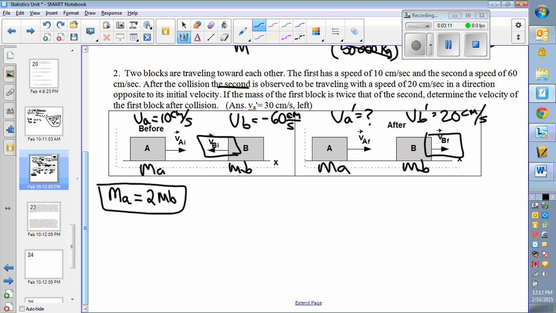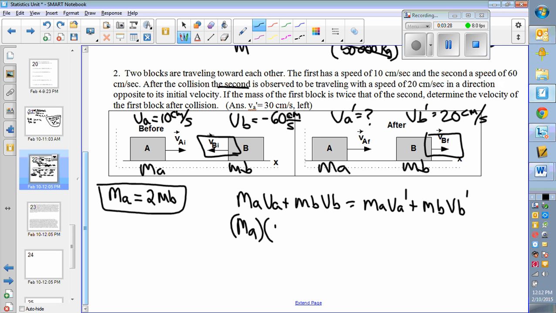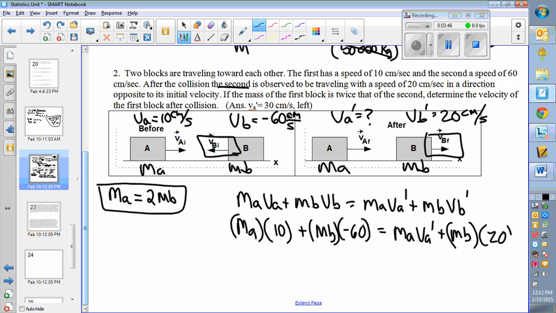So I'm going to write my formula down, that MAVA plus MBVB is MAVA prime plus MBVB prime. I'm going to substitute some numbers in here. So MA times, without the units, 10 plus MB times negative 60 equals MA VA prime plus MB times 20.